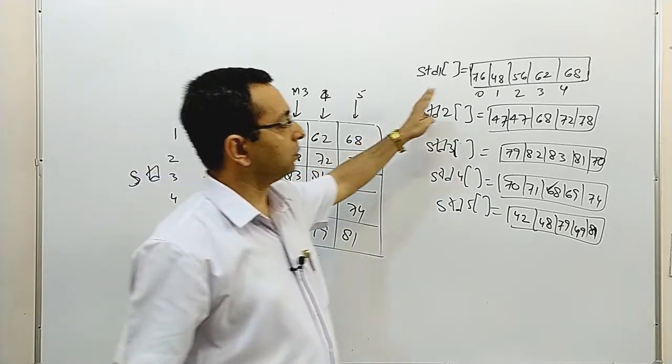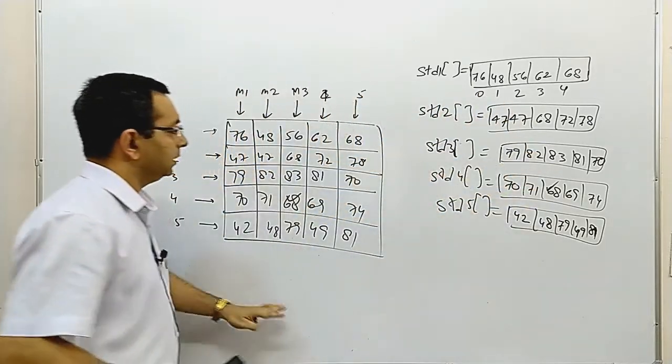So whatever you had stored in different arrays is now stored in this matrix.